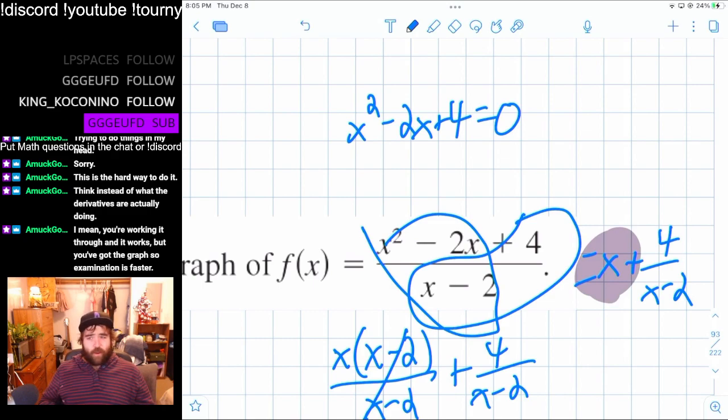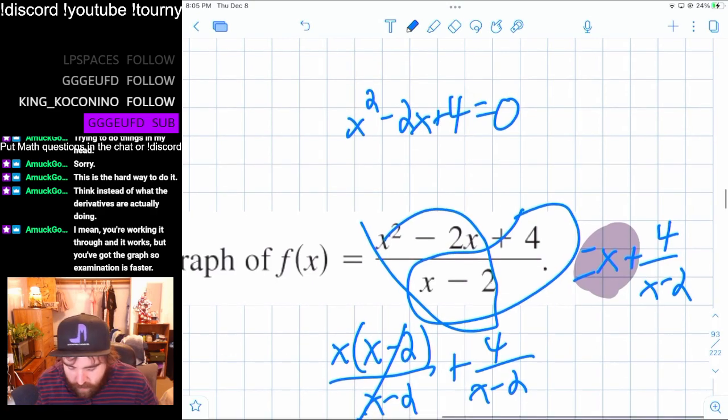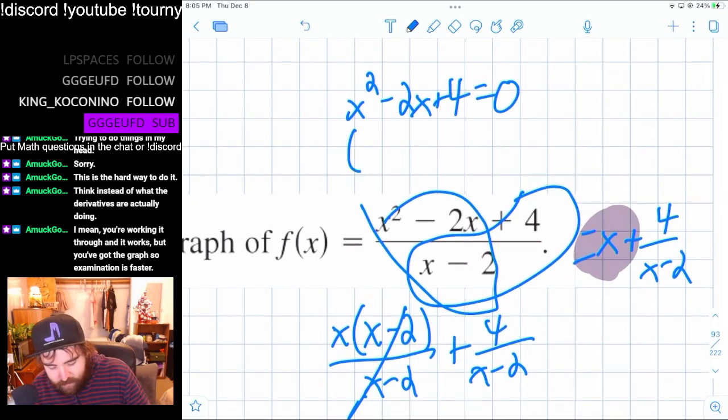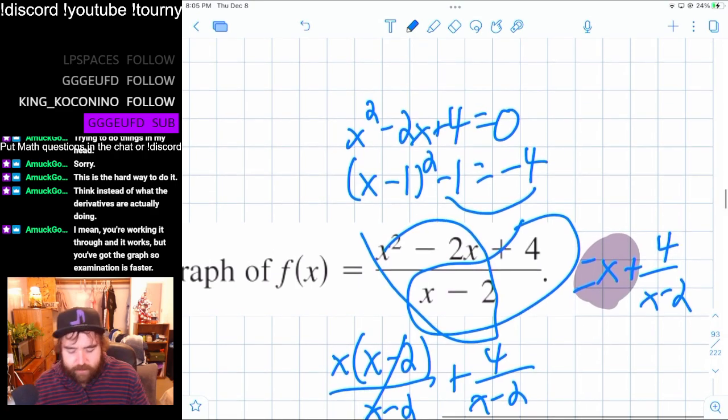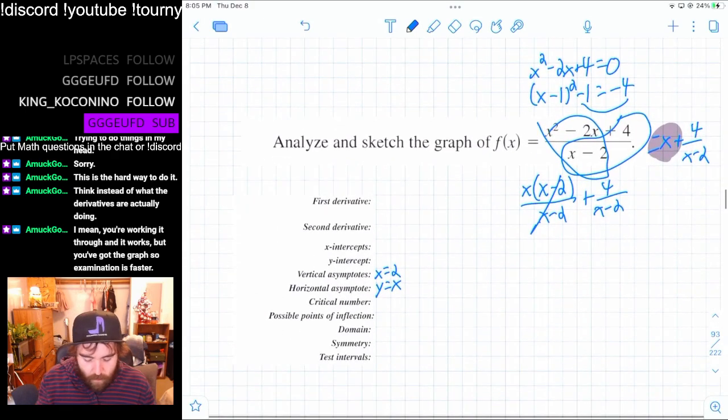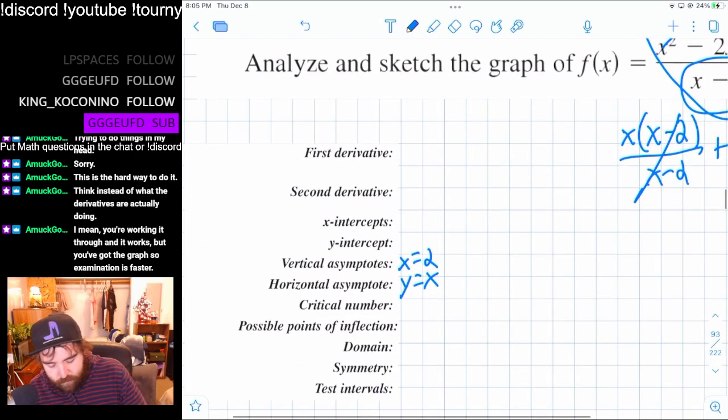Now that's super annoying because you can't factor it, so you've got to use the quadratic formula or complete the square. And you know what? I'm going to complete the square because it's a really nice way to do things, although I'm not sure we're going to get real solutions anyway. Yeah, because see, this is what happens when we complete the square. When we add this over here, x minus 1 squared equals negative 3. And we're going to get no real solution. So there's no x-intercepts.